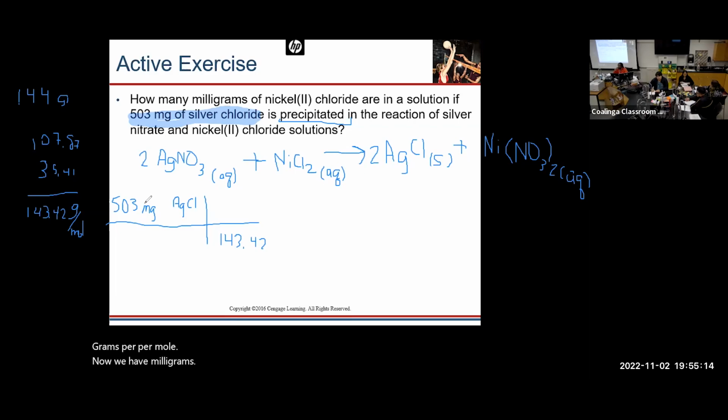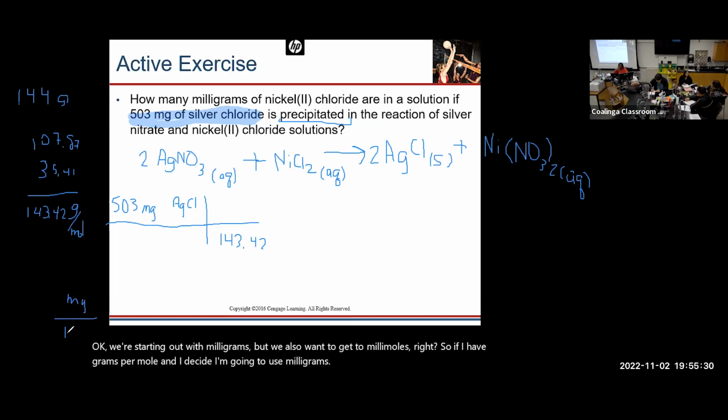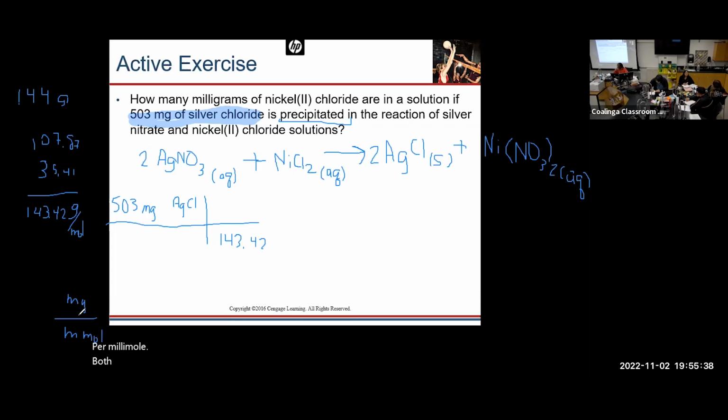Okay, now we have milligrams. You guys see that? We're starting out with milligrams, but we also want to get to millimoles, right? So if I have grams per mole and I decide I'm going to use milligrams per millimole, both of these have milli, right? So what is the relationship between a gram and a milligram?